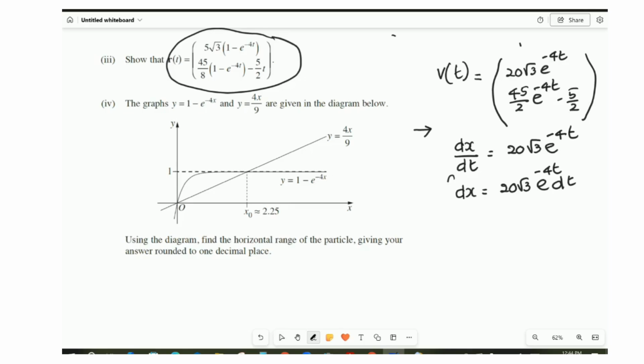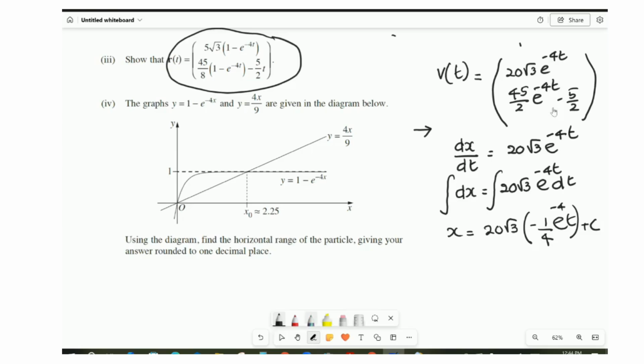Now if I integrate both sides, then I can say x is equal to 20 square root of 3 times minus 1 over 4 e to the power minus 4t plus c, so this is x equal to minus 5 square root of 3 e to the power minus 4t plus c.